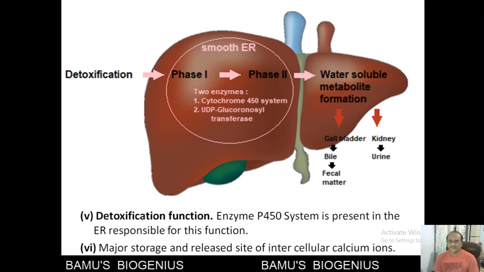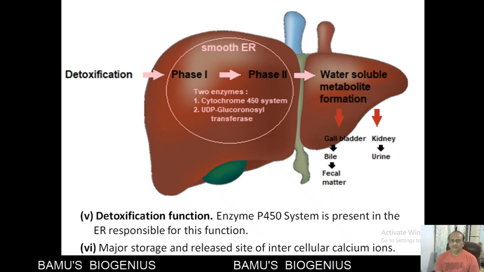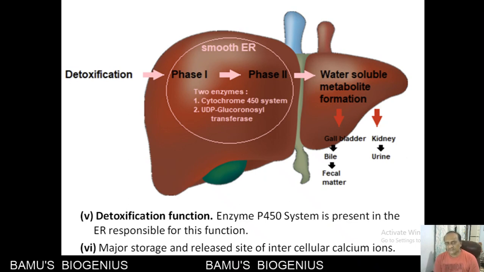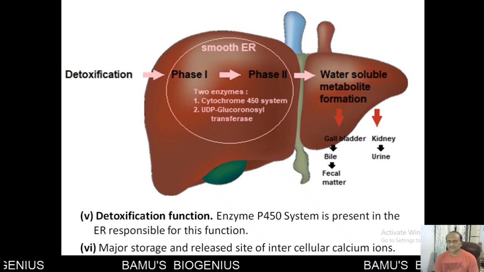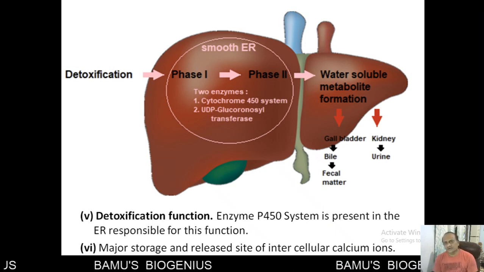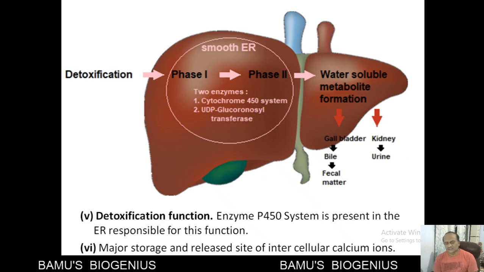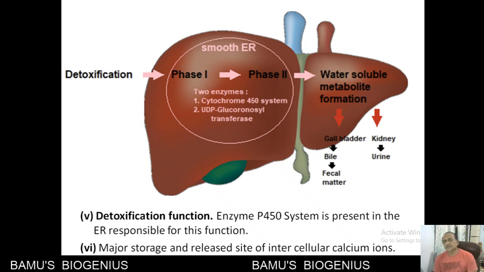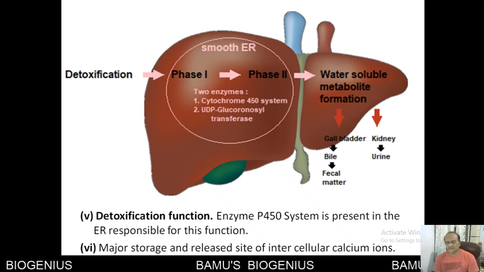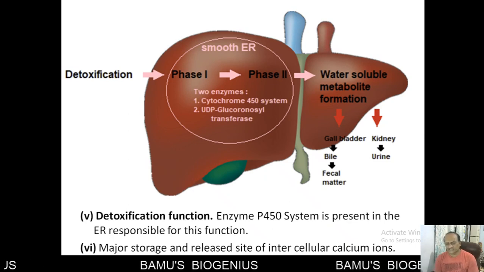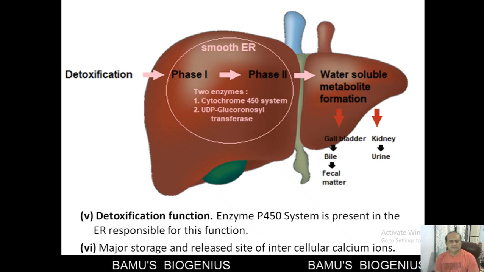There are two enzymes present in the smooth endoplasmic reticulum: one is the cytochrome P450 system, and another is UDP glucuronosyl transferase. These enzymes are responsible for the conversion of poisonous material into water soluble material, which is then taken to the bile or to the urine so that it can be expelled out of the body.